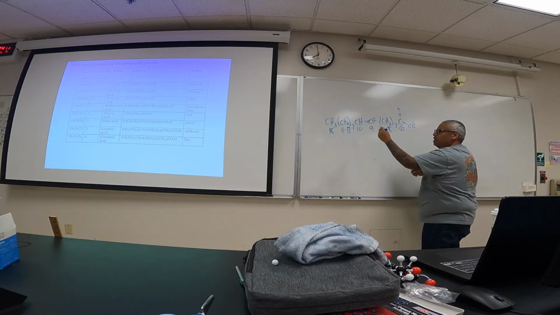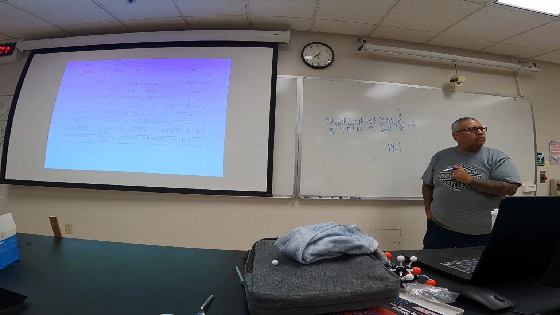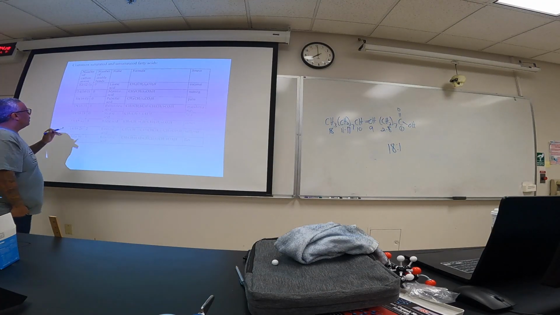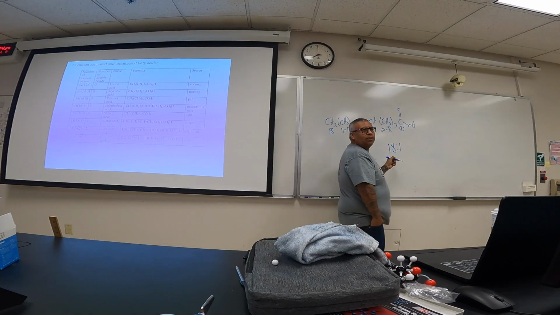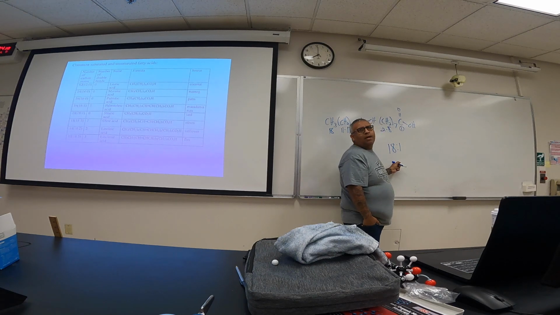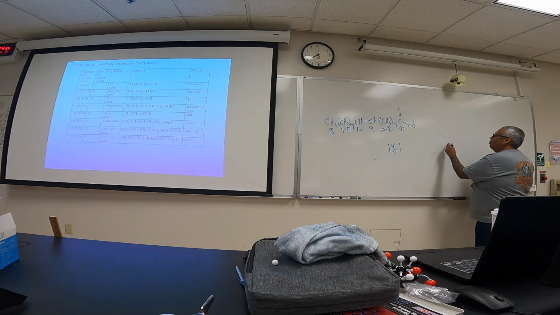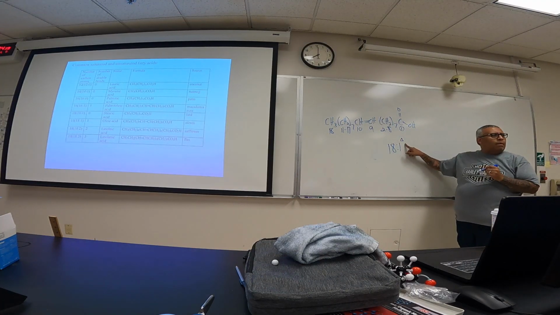So here it says 18:1. But I feel there's some information missing, because if I give you this, you can draw the fatty acid, but do you know where to put the double bond? So what we do here is use this triangle. I know it represents heat, but remember it also represents change, like change in temperature.